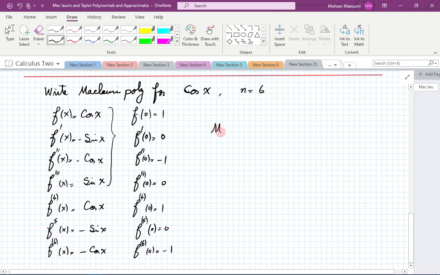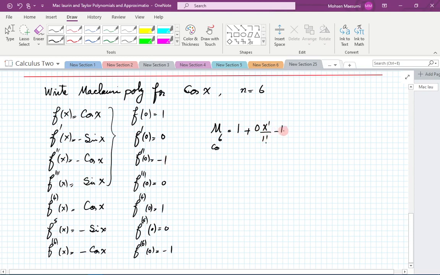So this is the Maclaurin up to level 6 for cosine. How does that go? Start with very first number that you have. Previously was 0. This is a 1. Next is a 0 that has to multiply by x to the power of 1 over 1 factorial. Of course, we don't need to write that.